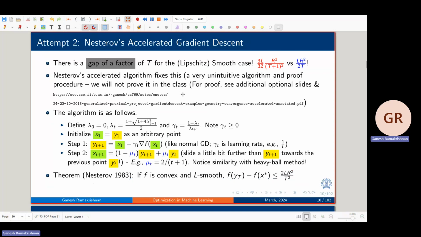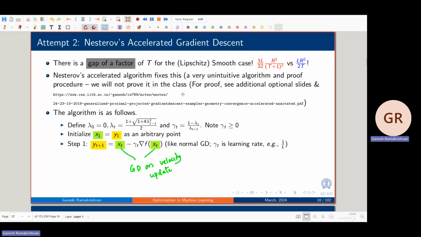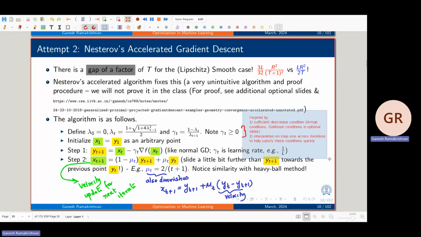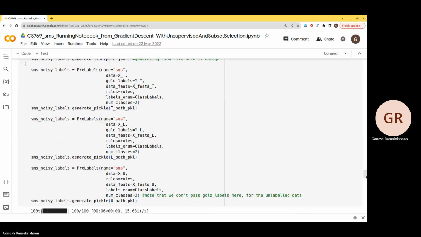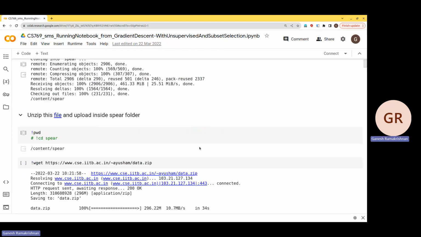I'll just show you the Colab notebook, right? So I said this is inspired by sufficient decrease condition, RMO conditions, Goldstein condition, and so on. So what happened? Yeah. So these Colab notebooks.